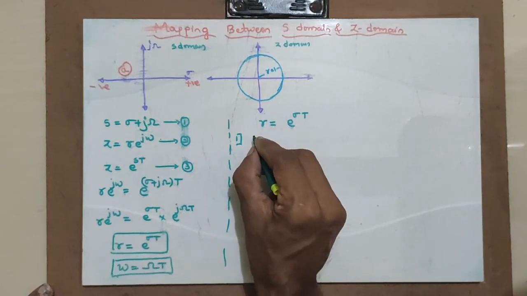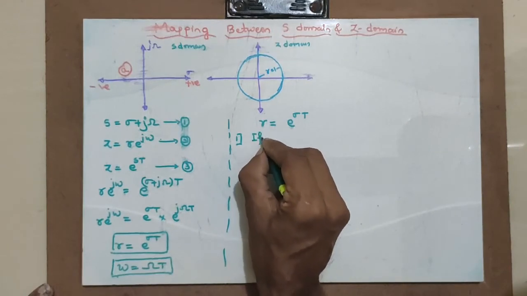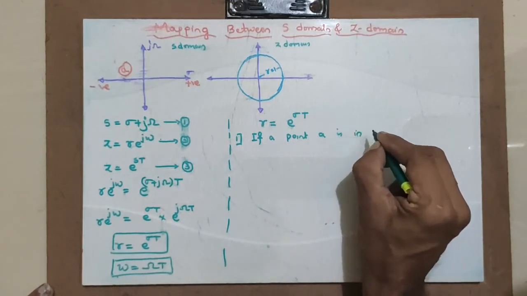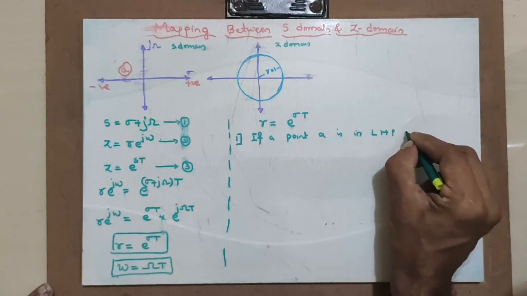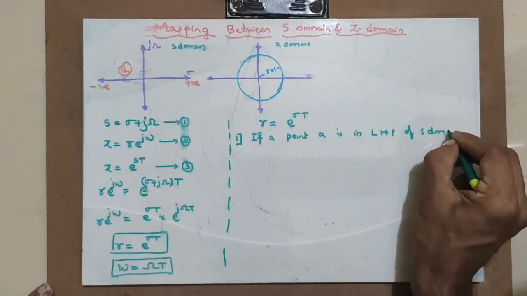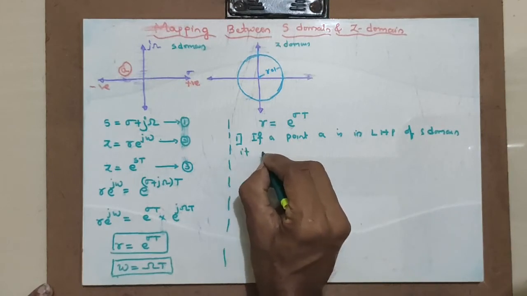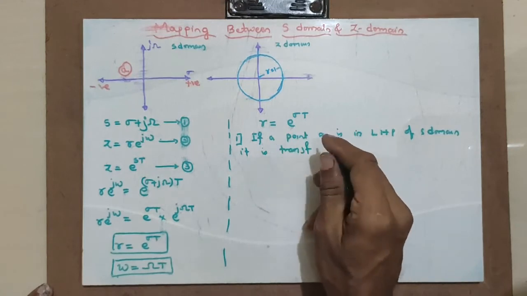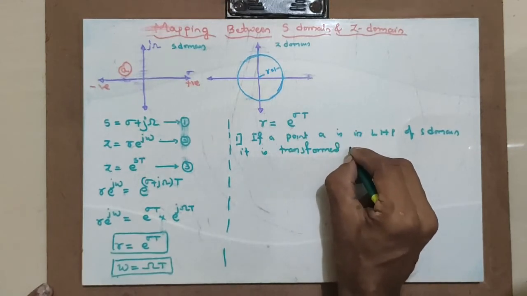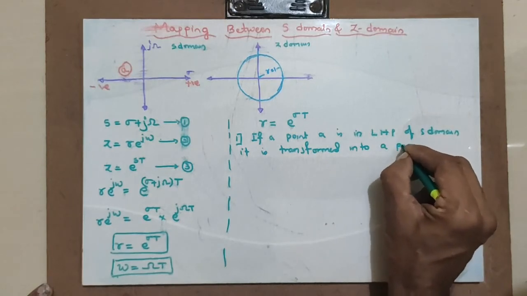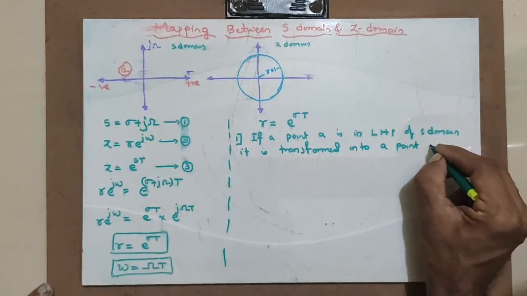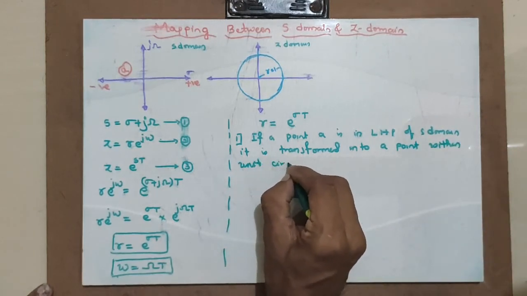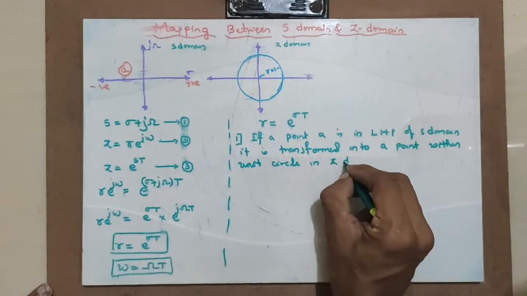That implies that if a point A is in the left half plane of the S domain, it is mapped, transformed, into a point within the unit circle in the Z domain.